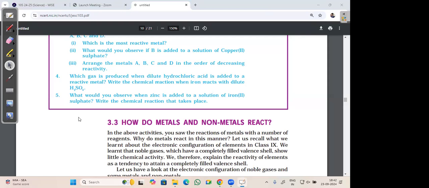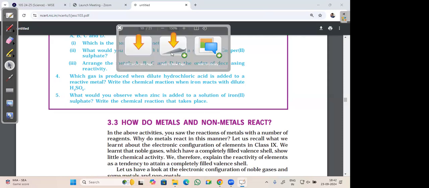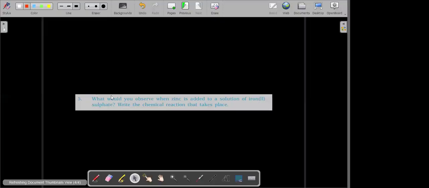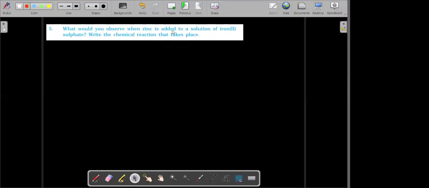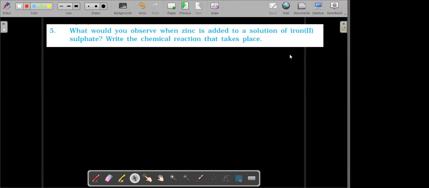Then last question. What would you observe when zinc is added to a solution of iron sulfate? Will there be any reaction occurring? This will be answered by Rijwana.